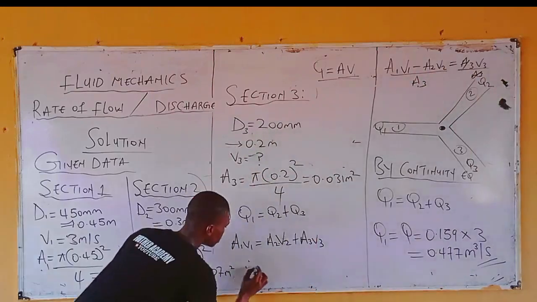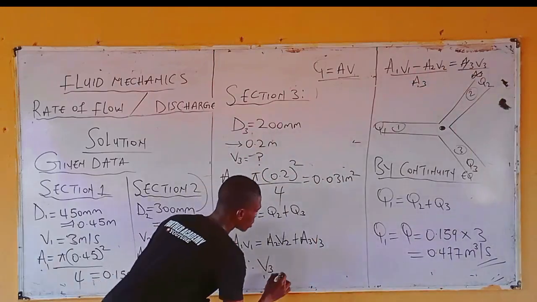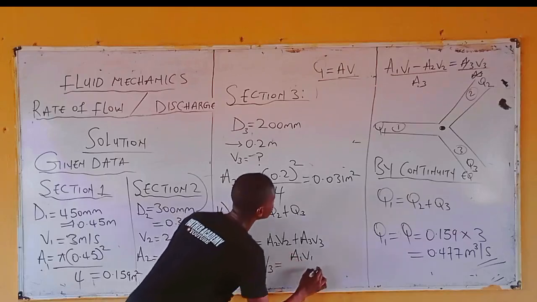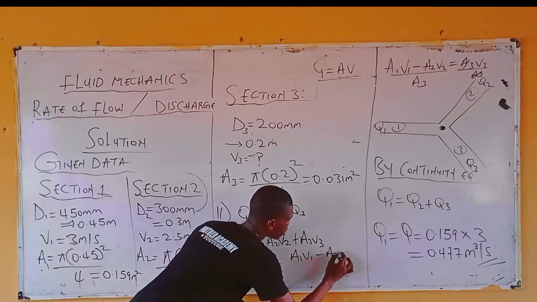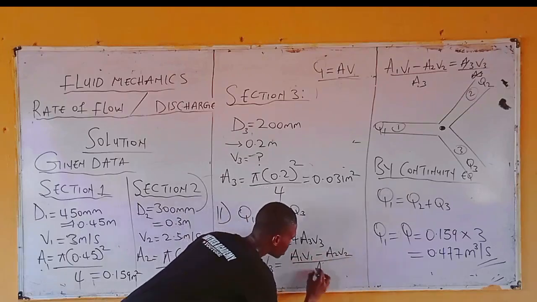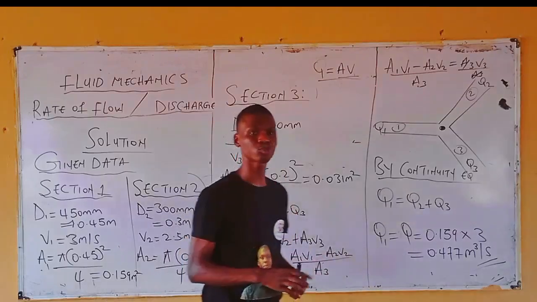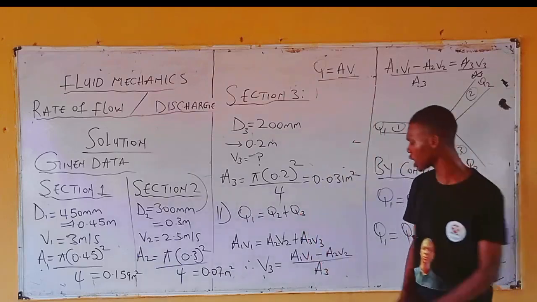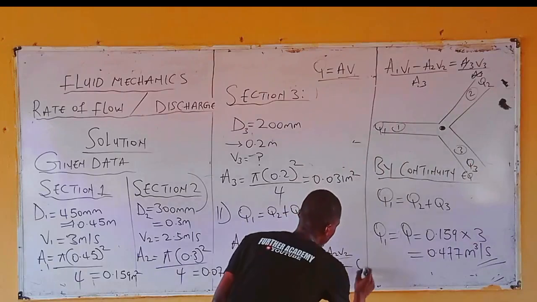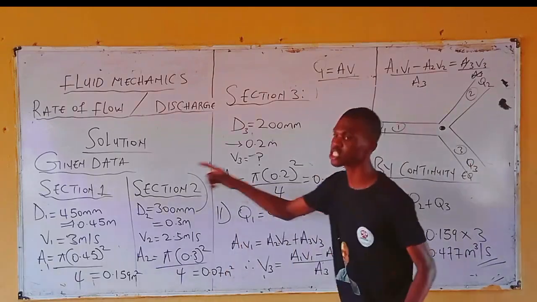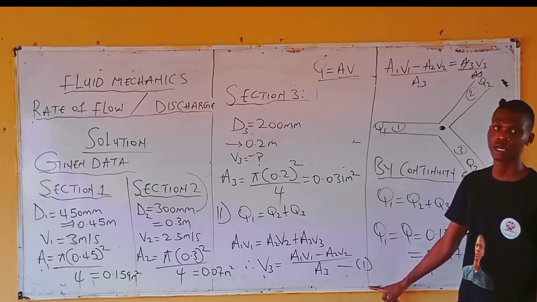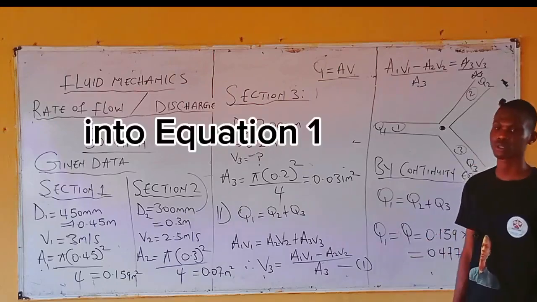Therefore, the velocity in section 3 by formula is A1 V1 minus A2 V2, divided by A3. Call this equation 1. Go back to each section and substitute the respective parameters.